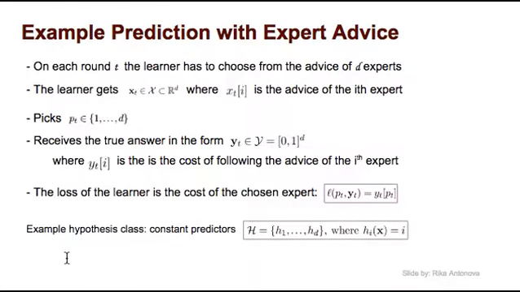A very simple example of a hypothesis space is constant predictors. Constant predictors are basically all the hypotheses in which we choose the same expert advice. This is just an example of a hypothesis space.